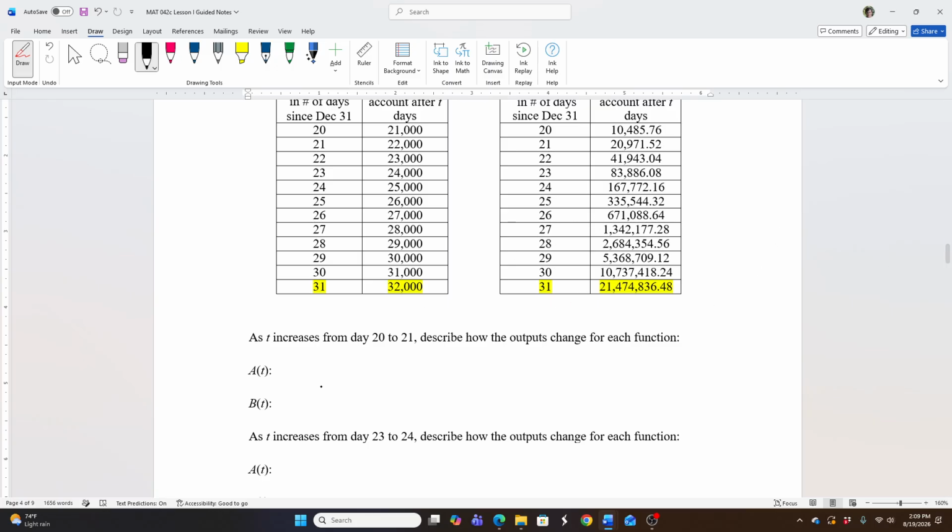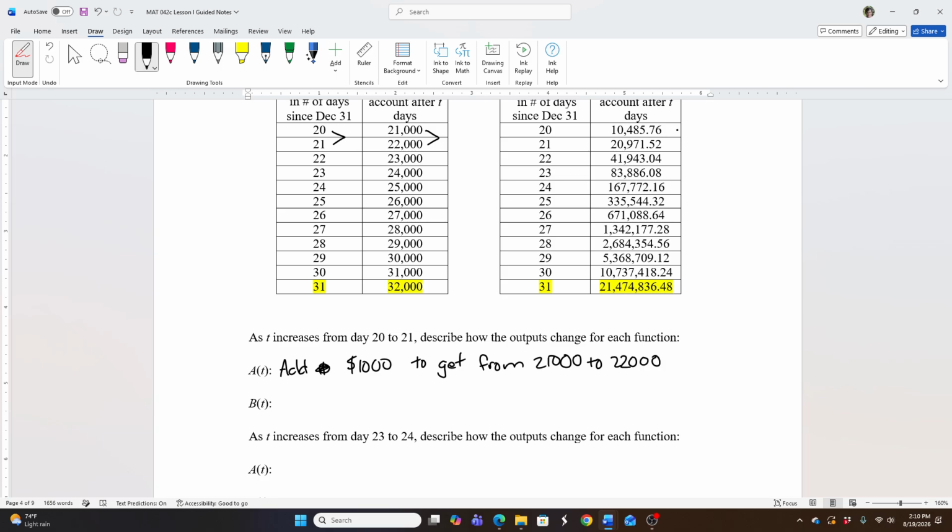So, here for function A, that's the first table, as we go from 20 to 21, we add $1,000 to get from $21,000 to $22,000.